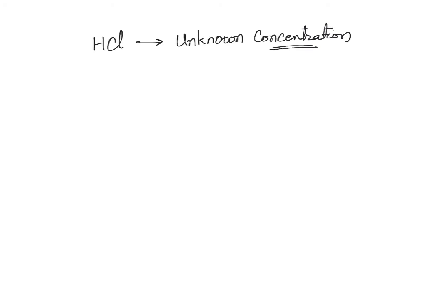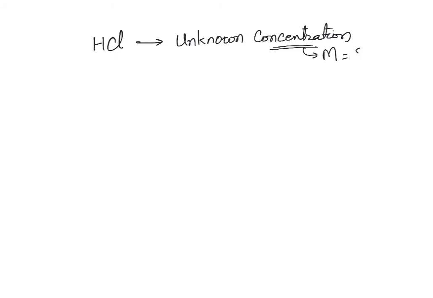Now, acid stoichiometry question. So acid reacts with base, right? So your question might look like this. There is an HCl solution, unknown concentration. Unknown concentration meaning we do not know its molarity. Molarity is one type of expression of concentration.